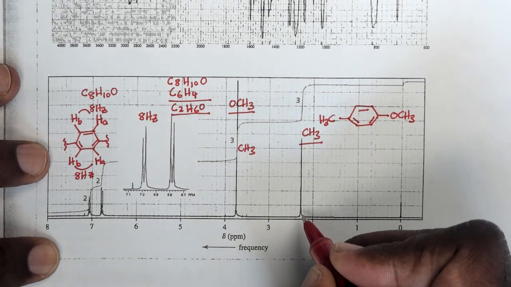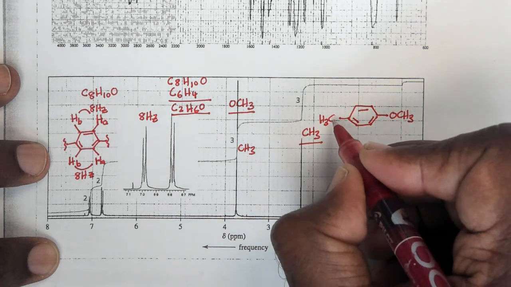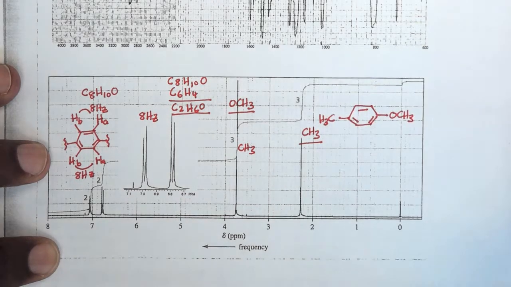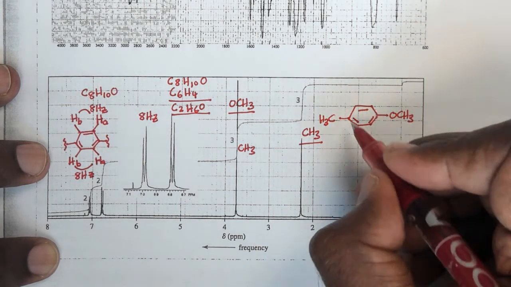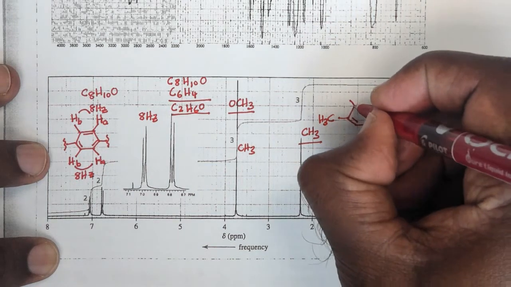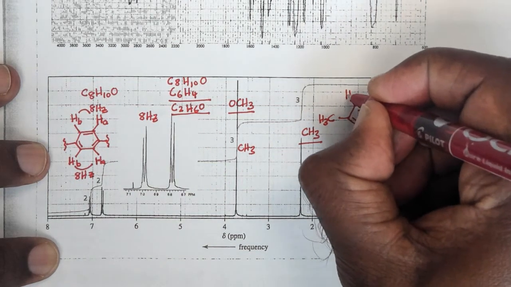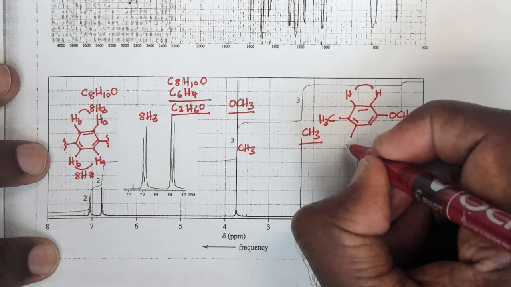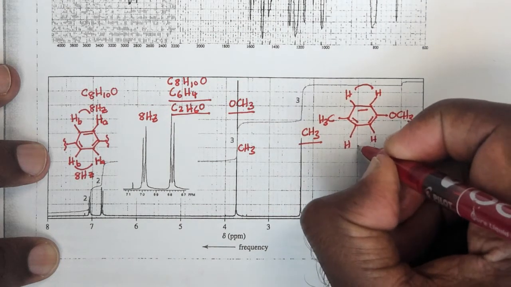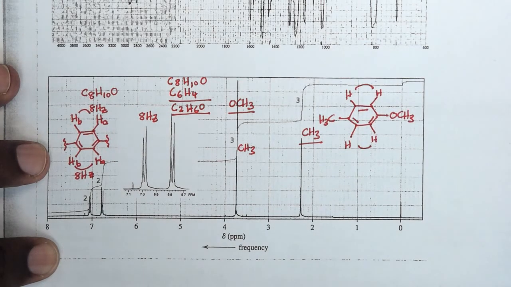That's why it's around 2.2. And it's also a singlet that's not next to any other proton group, and my aromatic ring has ortho protons that are coupled. You can see it here, and this is the structure which makes sense for this particular spectrum.